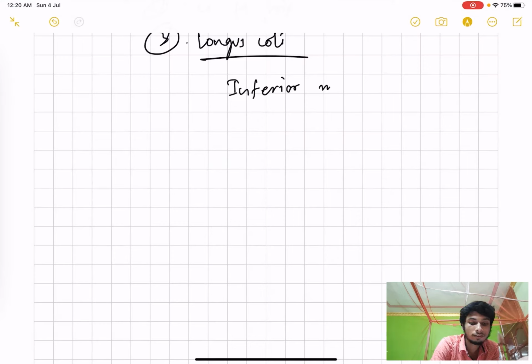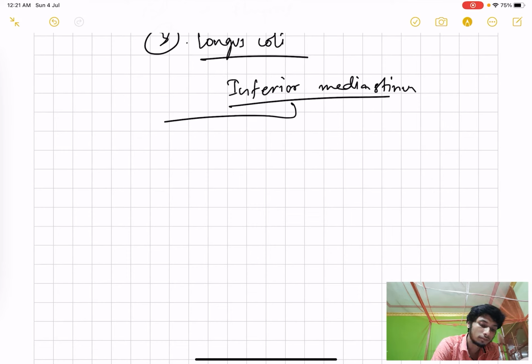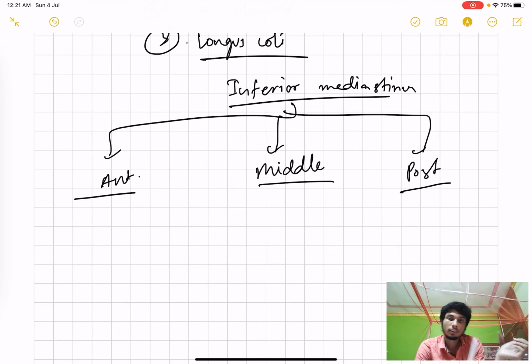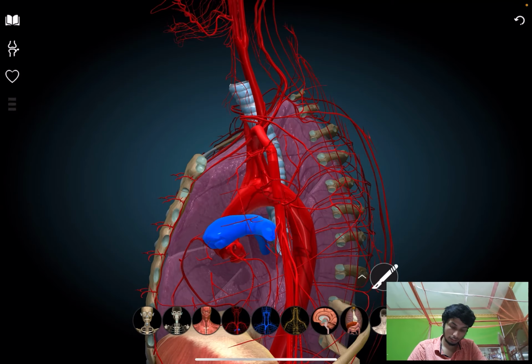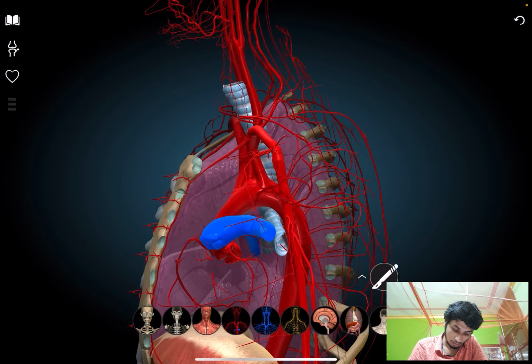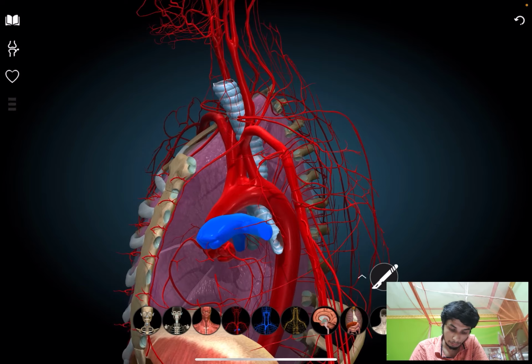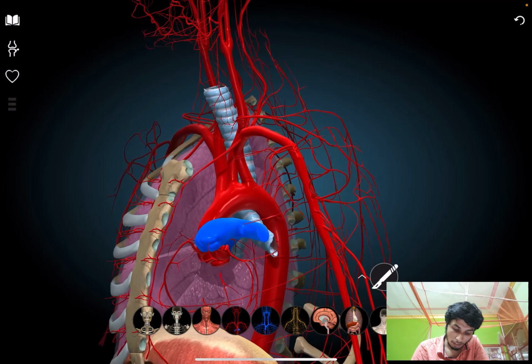Okay, so inferior mediastinum: anterior, middle, posterior. Before going to the anterior, middle and posterior mediastinum of the inferior mediastinum, let me show you the parts of the superior mediastinum.